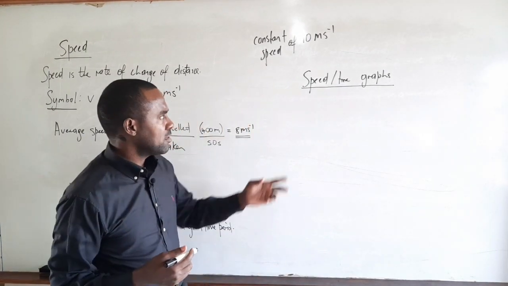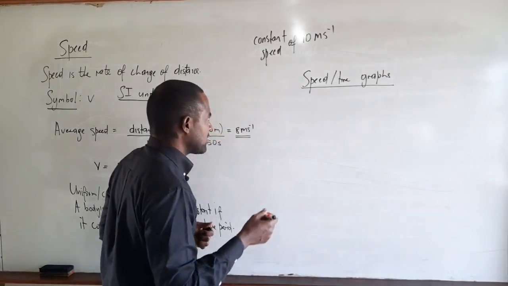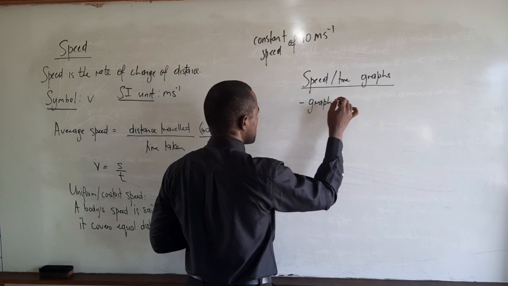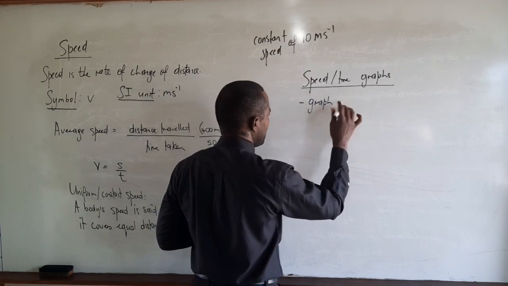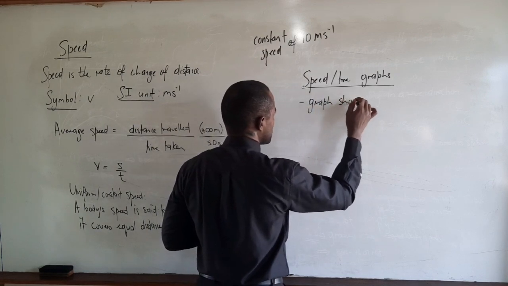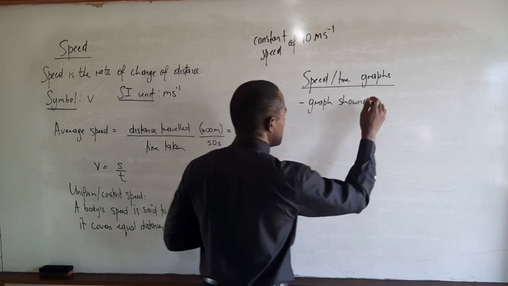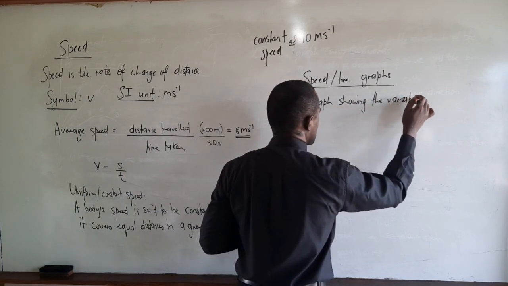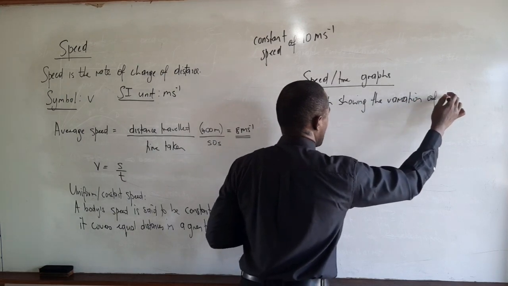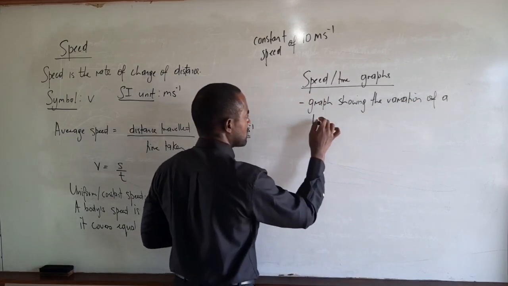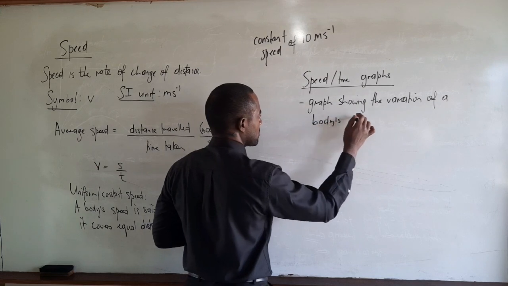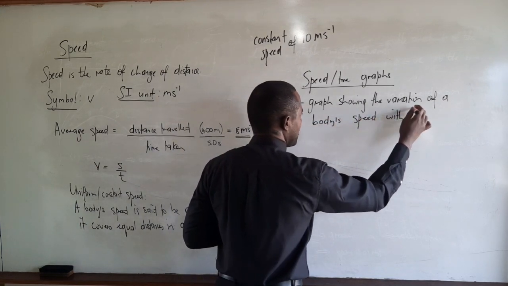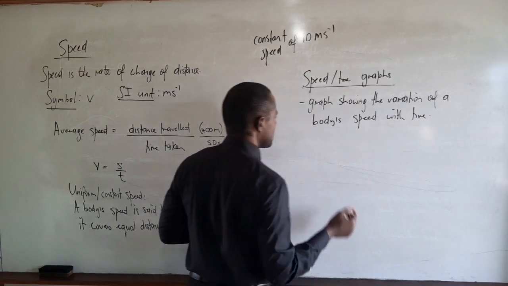So similarly, a speed time graph is a graph showing the variation of a body's speed with time, right?